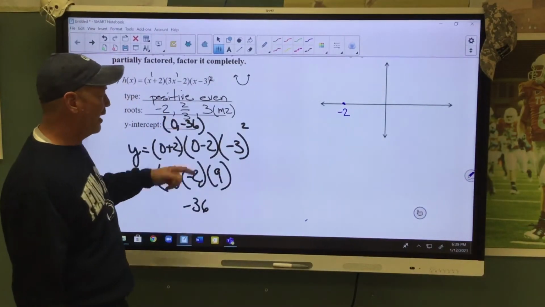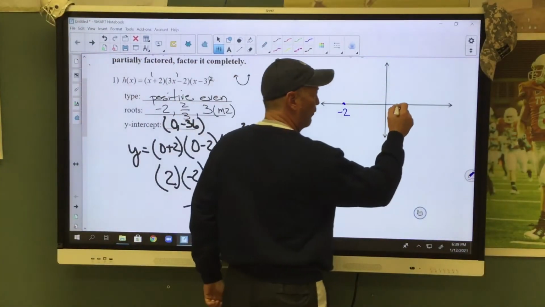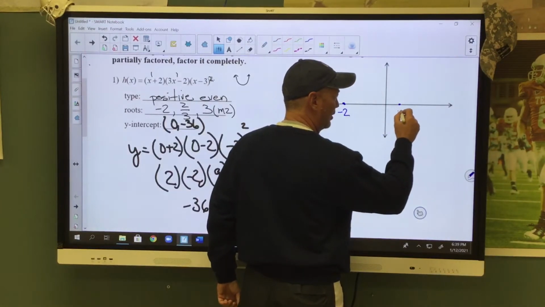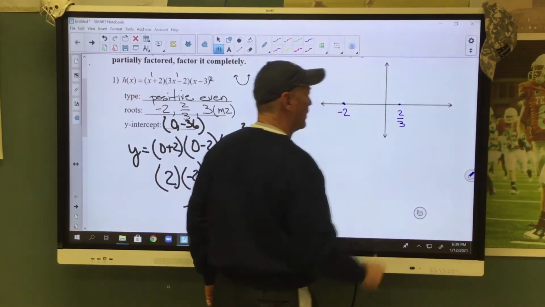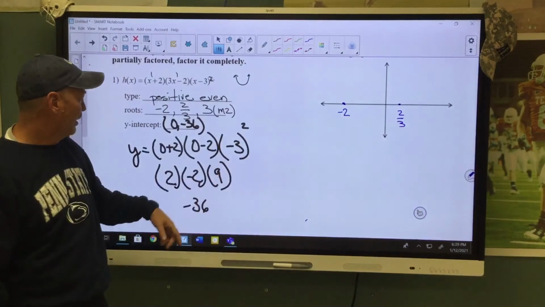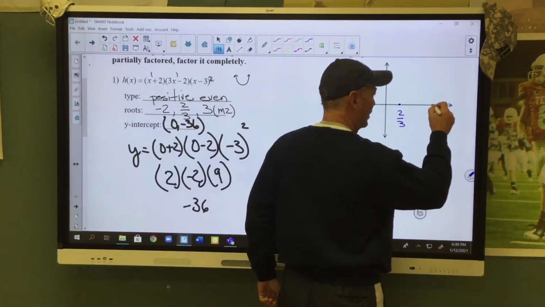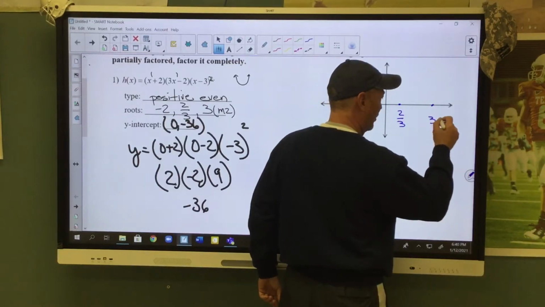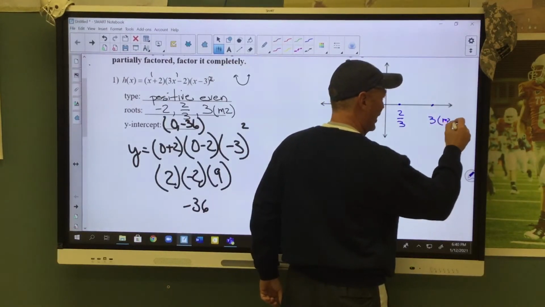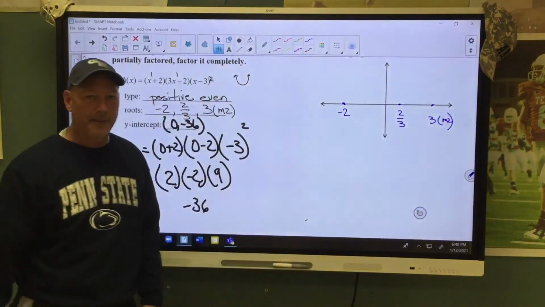We're going to put a dot for 2/3. We're going to put a dot, okay, a dot at 3. But we're going to write M2 just to remind us that it's an M2, okay?